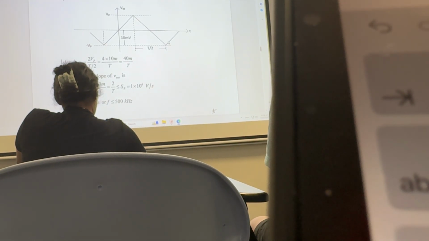Slew rate distortion on the triangular waveform. Now, slew rate distortion on a sine wave is to become a triangle, right? What is the slew rate distortion on a triangular wave? Huh? No. It will be a smaller triangle. Okay? So it's still a triangle, but smaller.